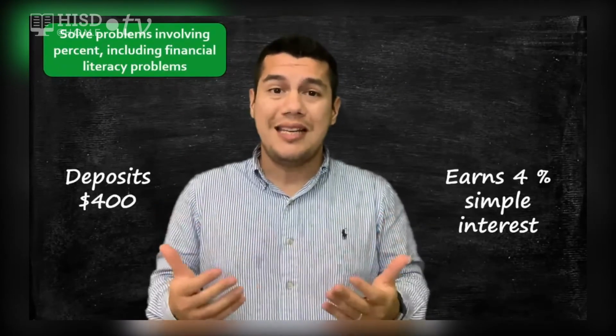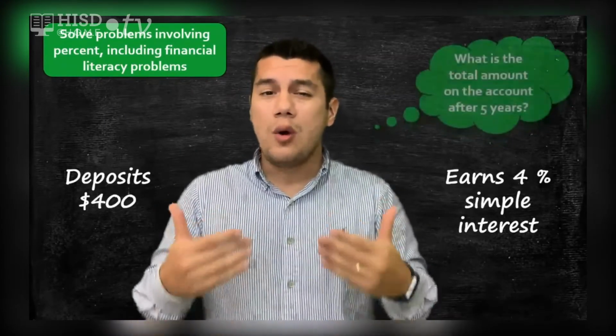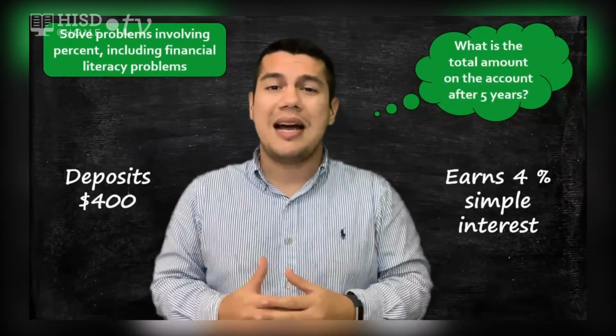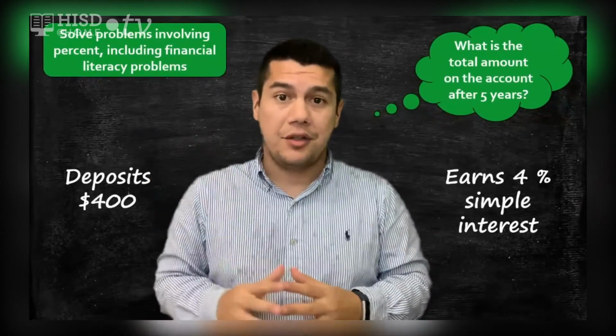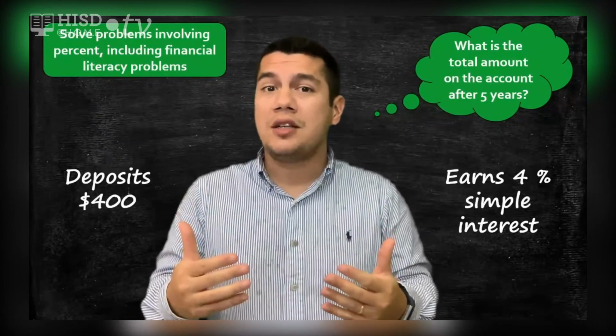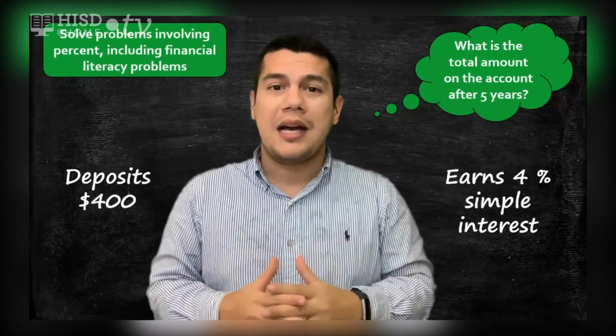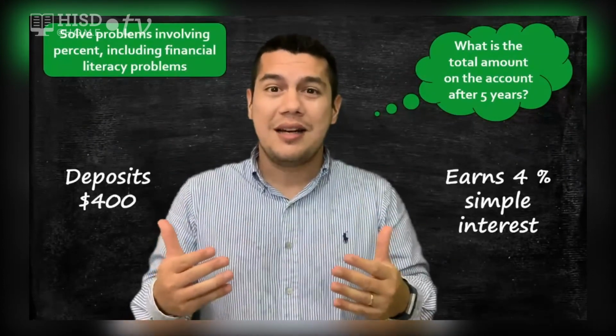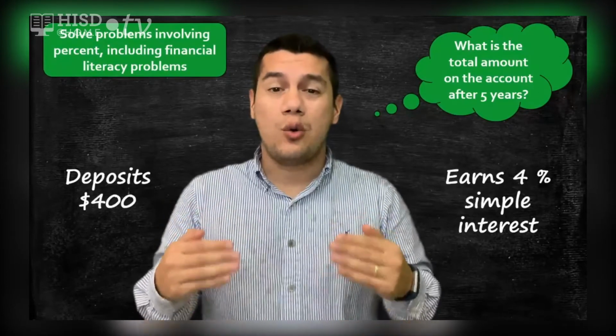My question is, what is the total amount on the account after 5 years? In order for us to do this, we need to remember how to use percents to find total amounts.